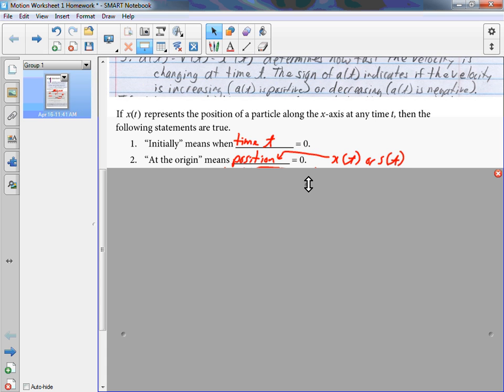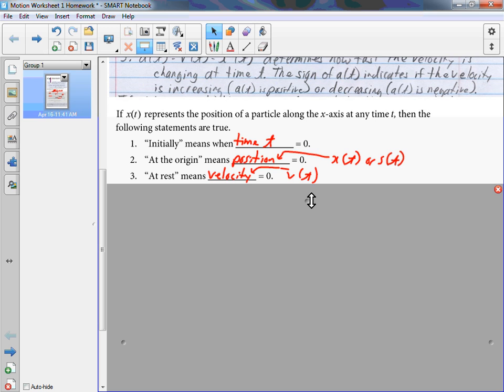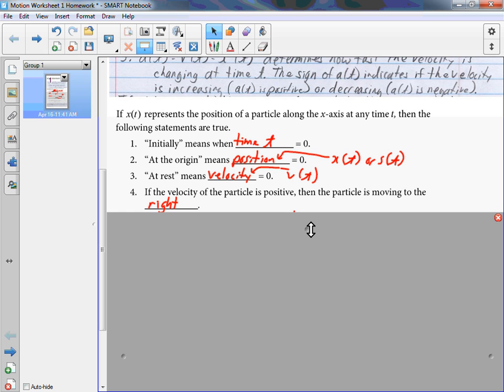Okay? Number 3, at rest, the particle's at rest. What equals 0? The velocity. If the velocity of the particle is positive, then the particle is moving to the right.